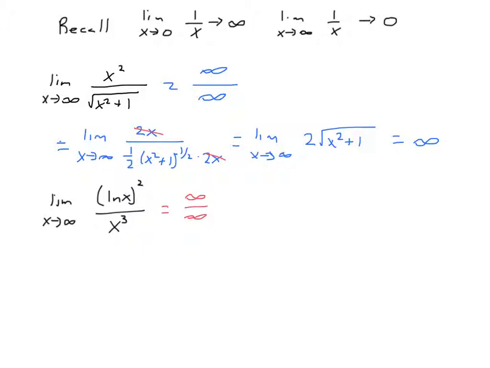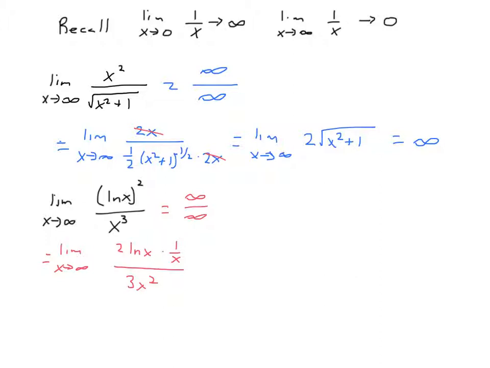That's going to equal the limit as x approaches infinity. The derivative of the top is going to be 2 times the natural log of x times the derivative of natural log, which is 1 over x, all over the derivative of the denominator, which is going to be 3x squared.